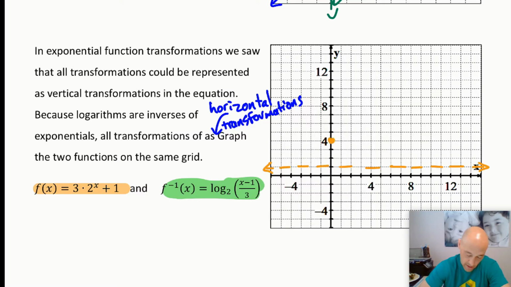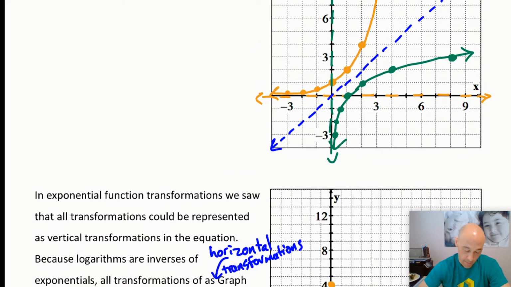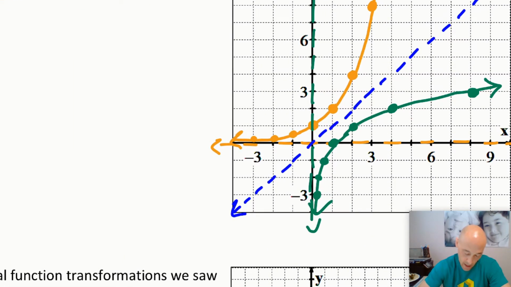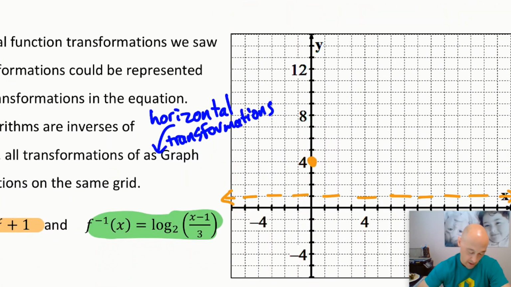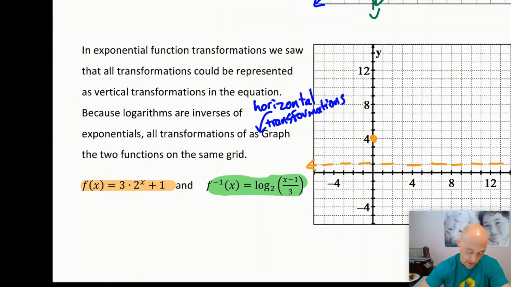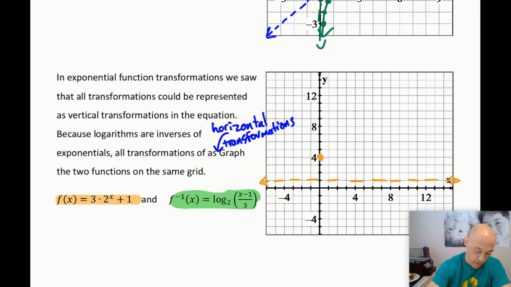So right there. And then when we go 1 unit to the right, up here we saw that we went up 1 unit. So now when we go 1 unit to the right, we're going to go up 3 units because we're multiplying by 3. So 1, 2, 3.